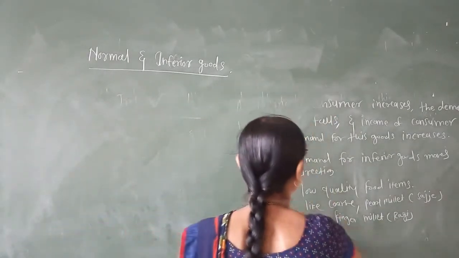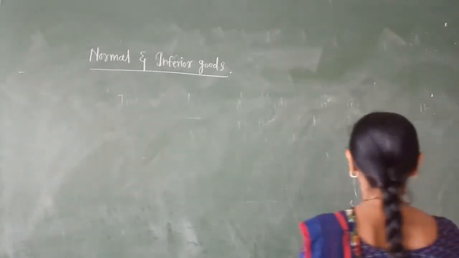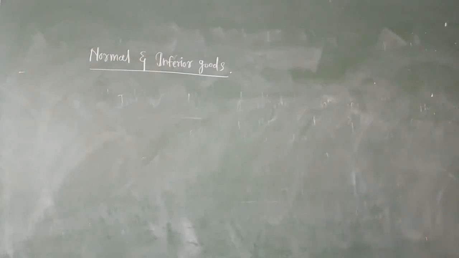All of you know normal goods are those goods for which, as the income of the consumer increases, the demand also increases, and as the income decreases, the demand also decreases. And inferior goods means as the income of the consumer increases, the demand for inferior goods falls, and as income decreases, the demand for inferior goods increases.